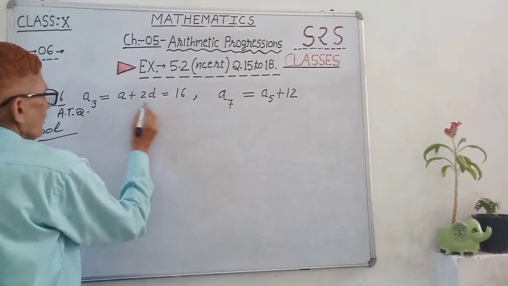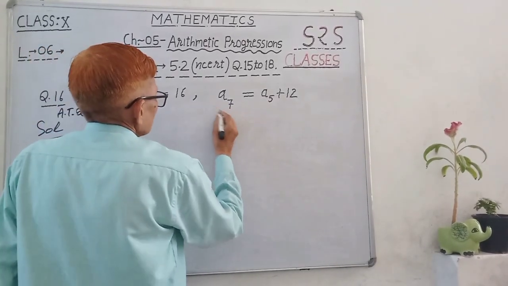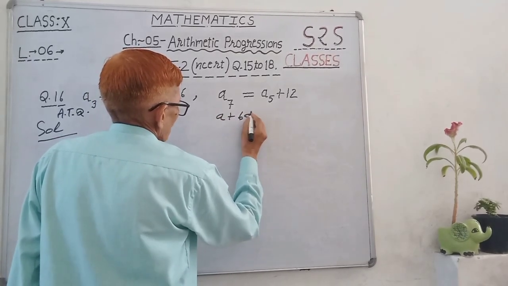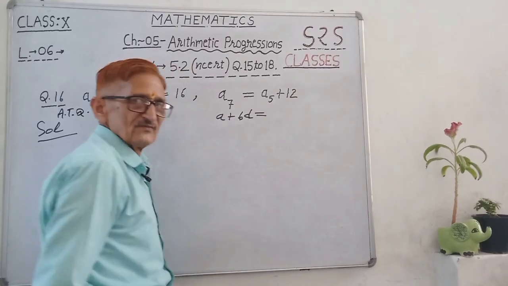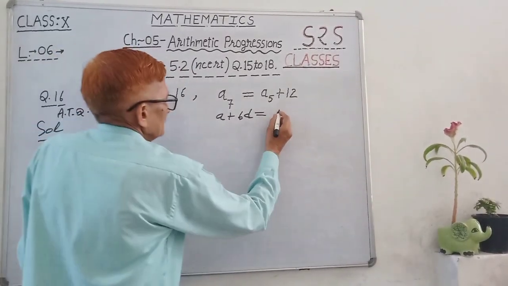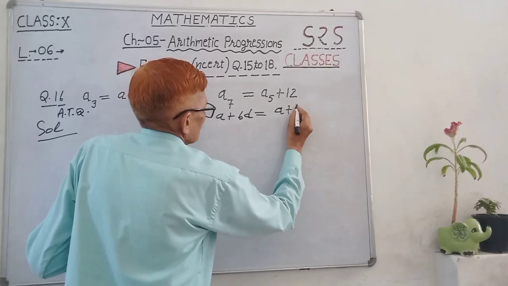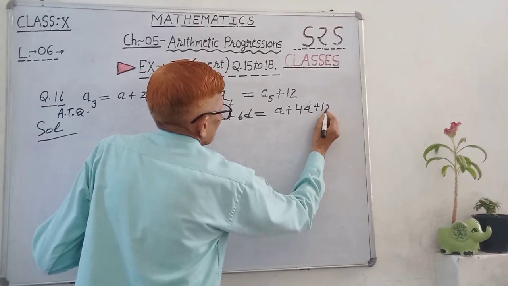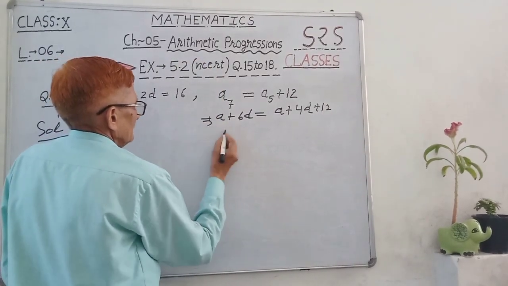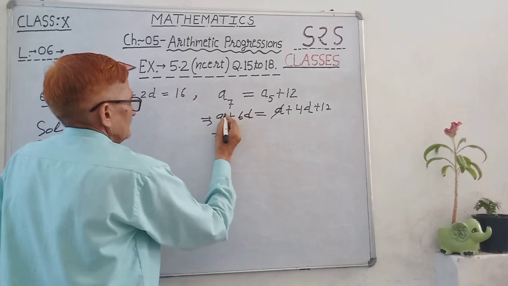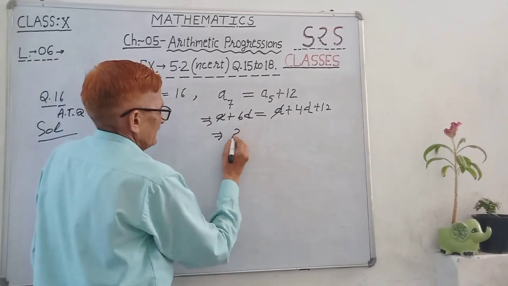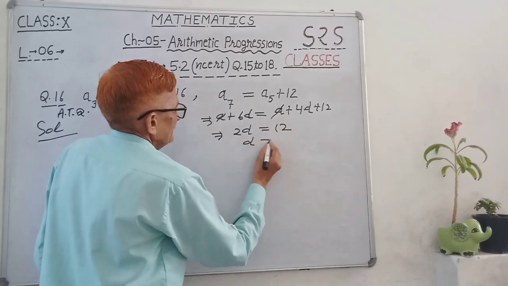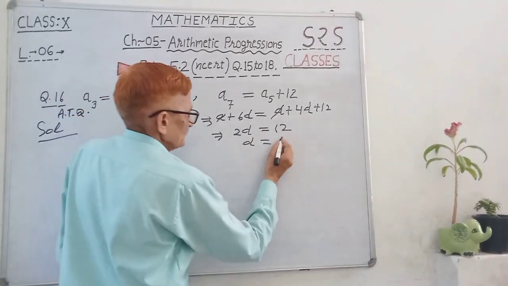So then according to question, now solving: A7 means A plus 7 minus 1, 6D is equal to A5. A5 means A plus 5 minus 1, 4D, plus 12. Then simplify, A cancel, then 6D minus 4D, then 2D is equal to 12, then D is equal to 12 divided by 2, then 6.